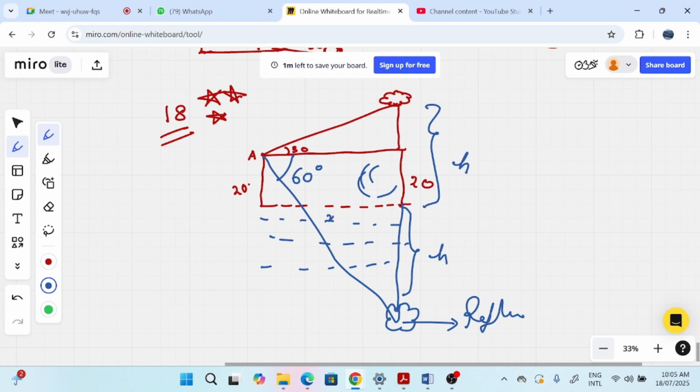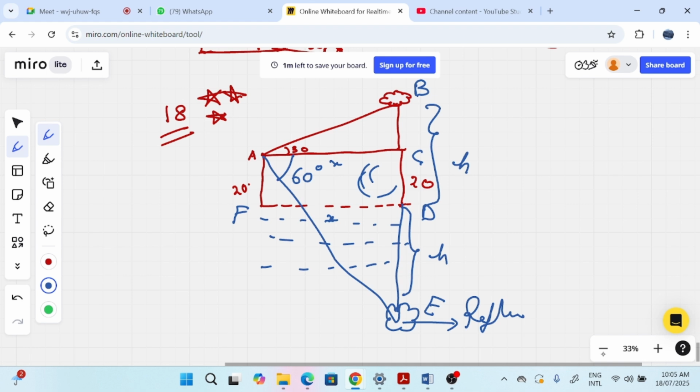Ma'am, so it's 2H. What are they asking you to find? Find the distance of the cloud from A. You have to find AB. C, D, E, F. You have to find the distance of AB.